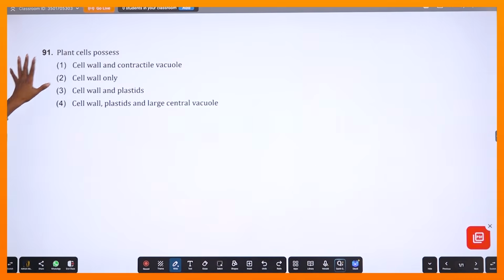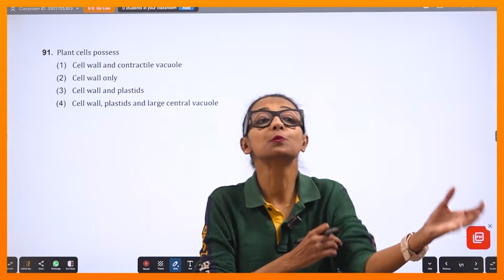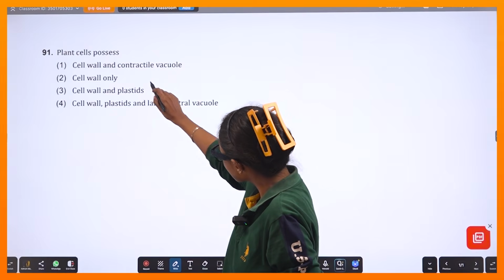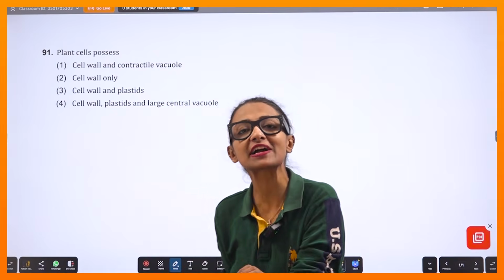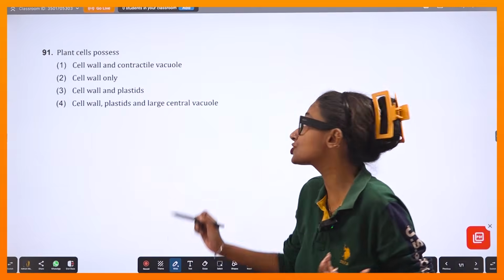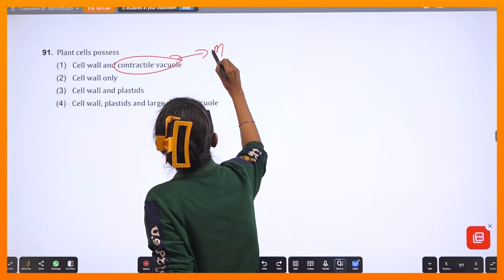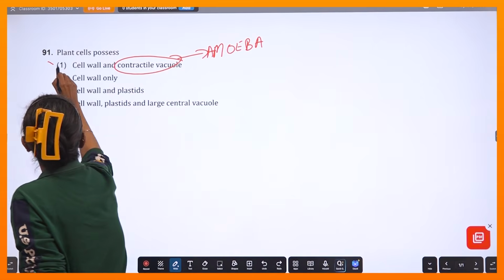First question. Plant cells possess... identify the characteristic features with which you can identify plant cells. Cell wall and contractile vacuole. Cell wall is fine, but contractile vacuole is a feature of amoeba, so I can't take this option.